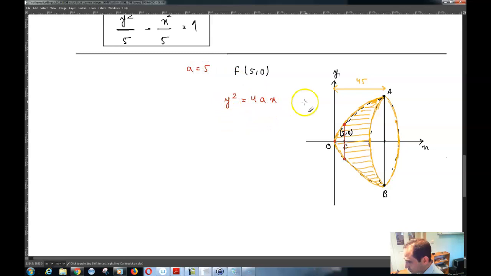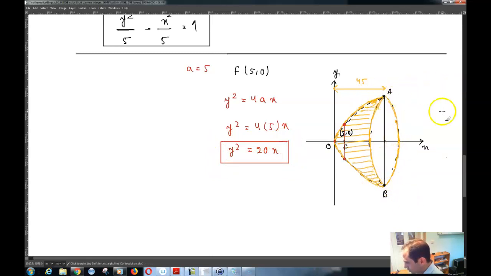So the equation of this parabola I can write as y squared is equal to 4 times 5 times x. So y squared is equal to 20x. That is the equation of this parabola. And of course, this parabola just keeps going in this direction towards the right.